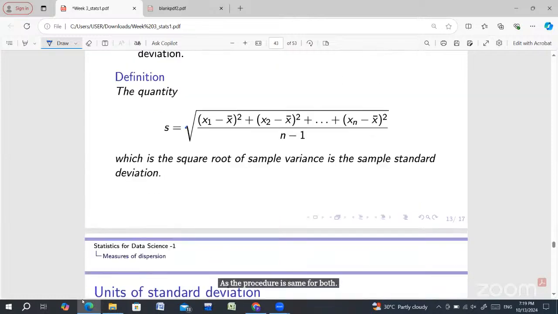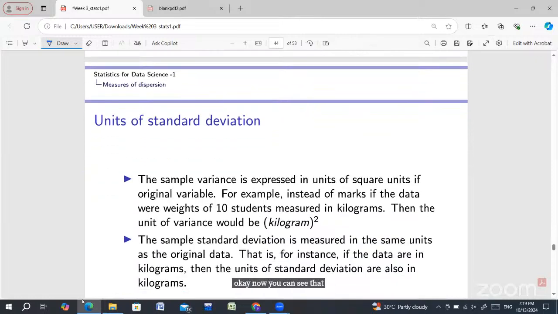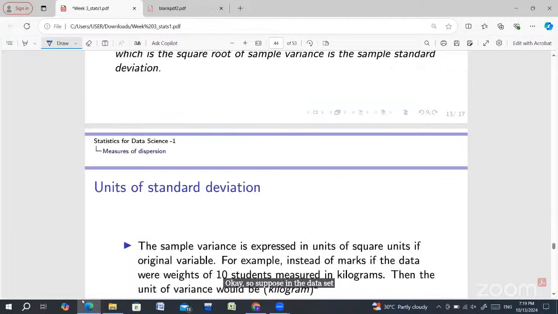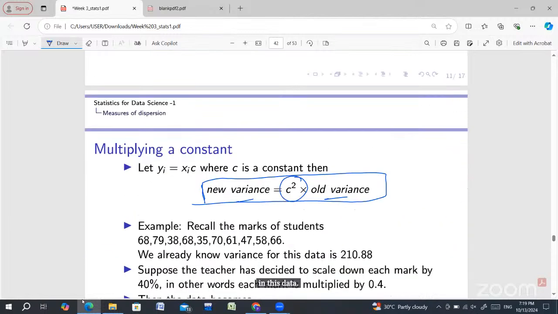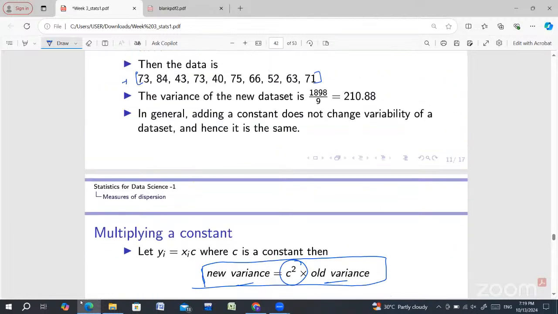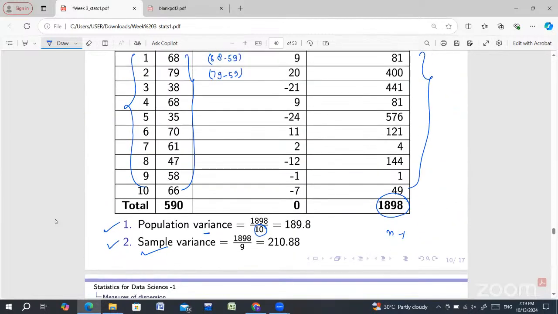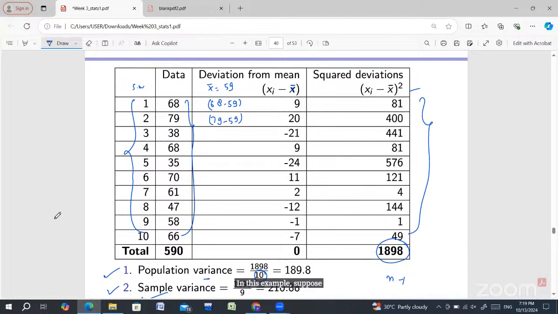Now you can see the units of the standard deviation. Suppose in this example the unit is kg. Then this will also be in kg.